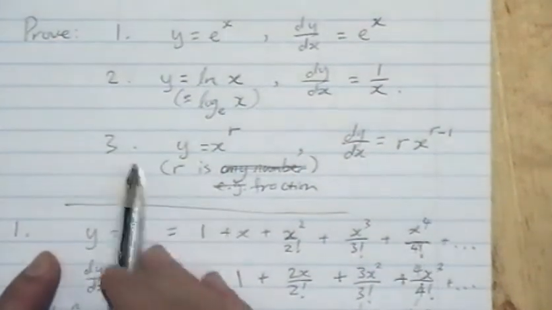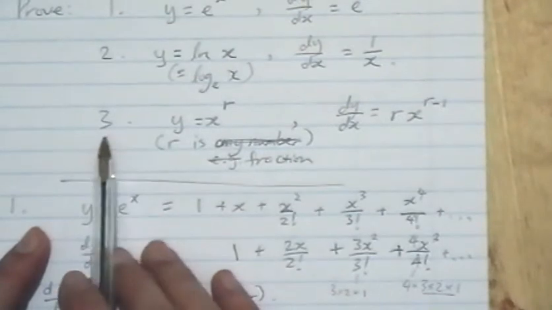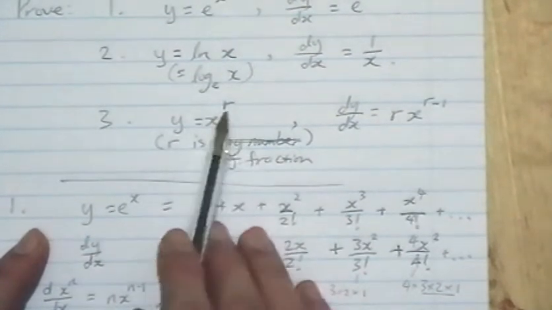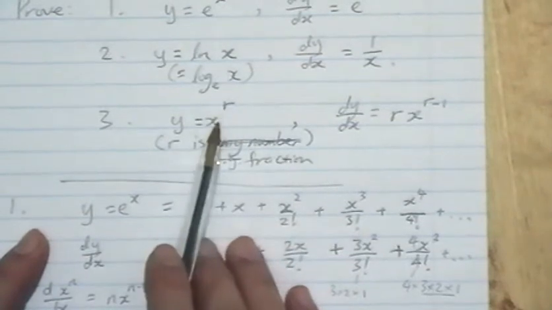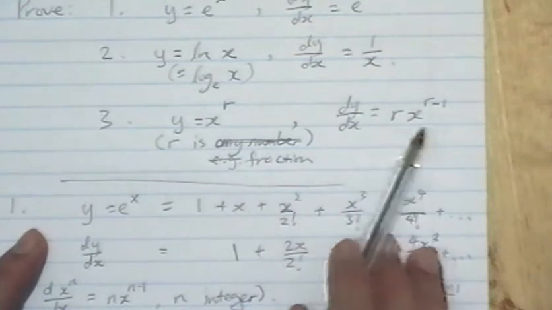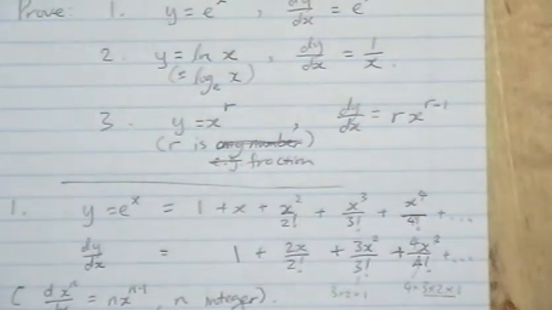Moving on, I now want to prove the third item. For a fractional power of x, when I differentiate x to the power of r, I get this.